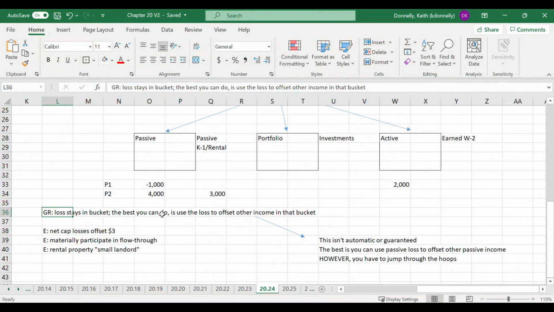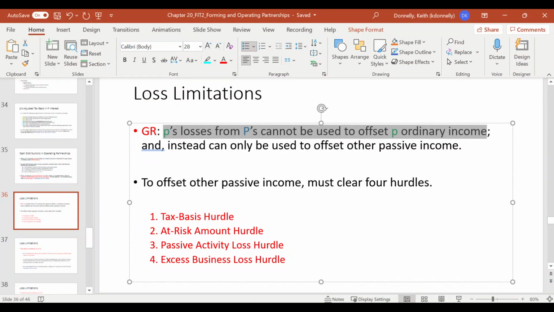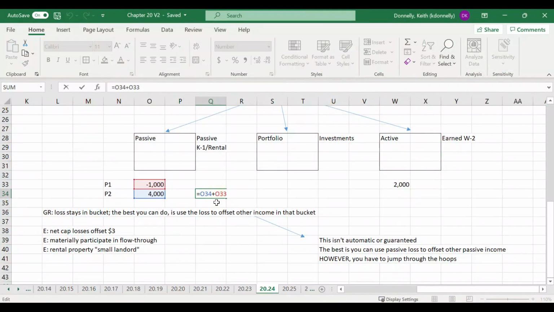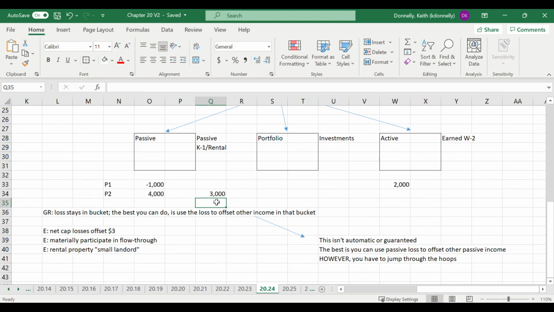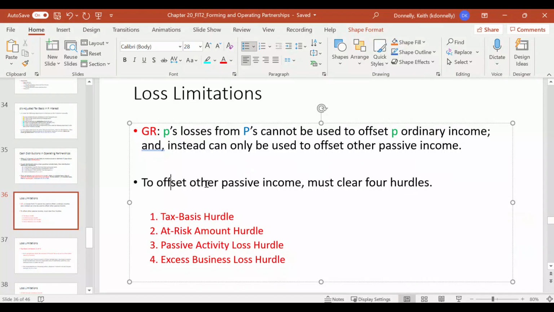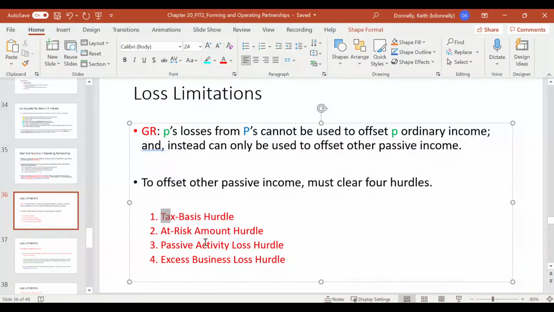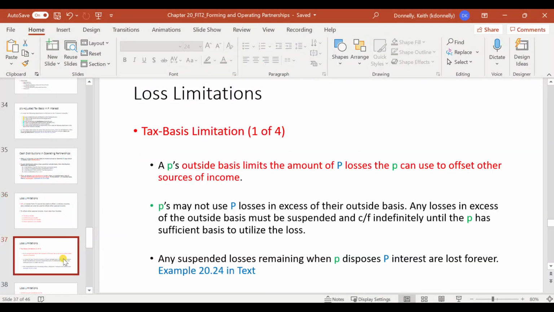That's right here. Losses stay in the bucket. You can't use this loss to offset that income. The best you can do is offset other passive income. However, to do that, you have to clear 4 hurdles. You have to jump through the hoops, right? So let's talk about the hoops here.